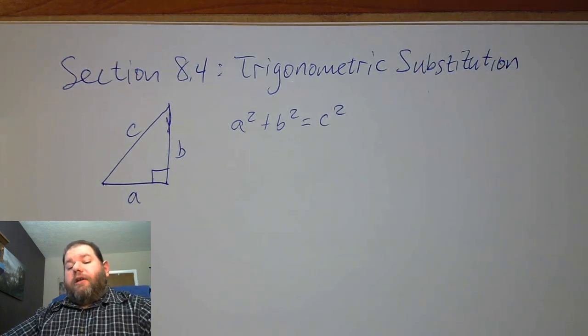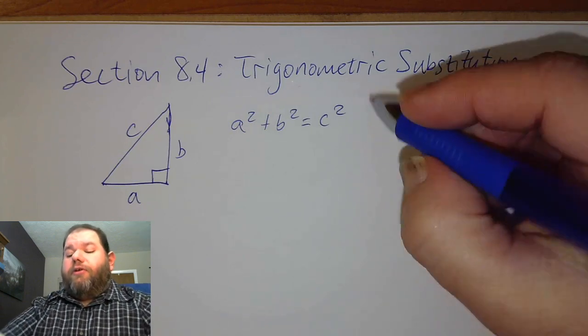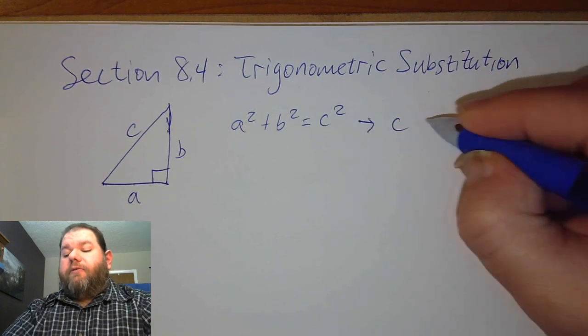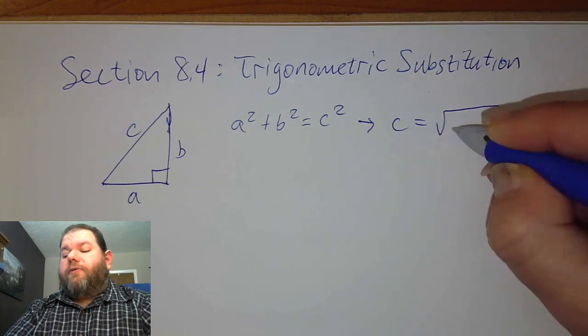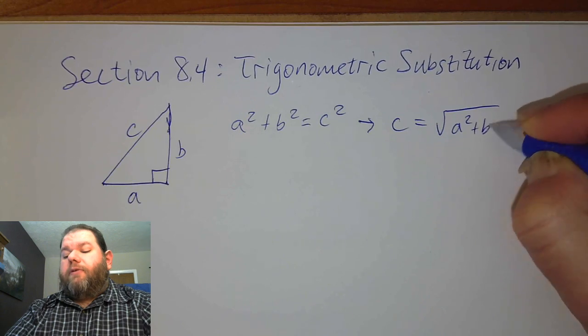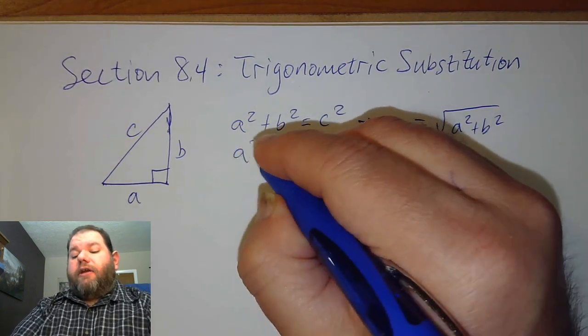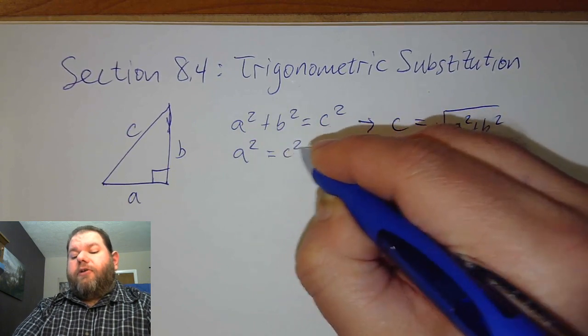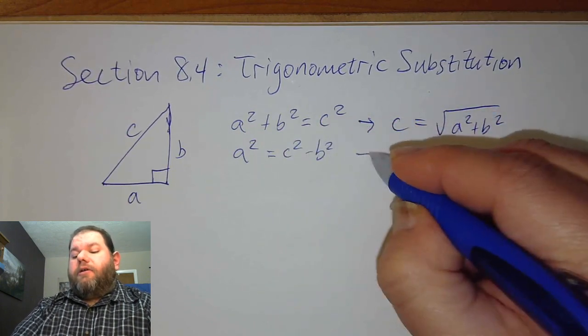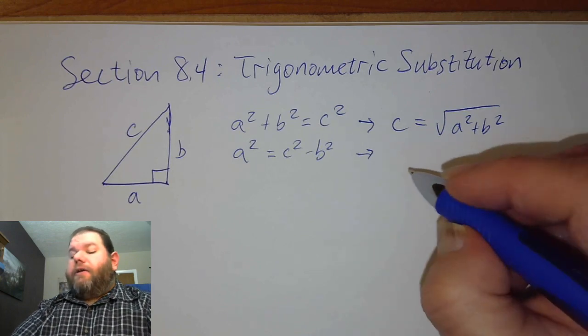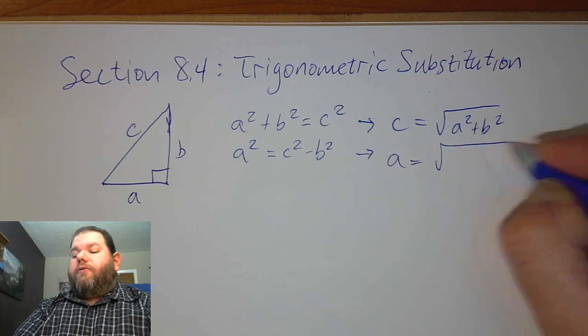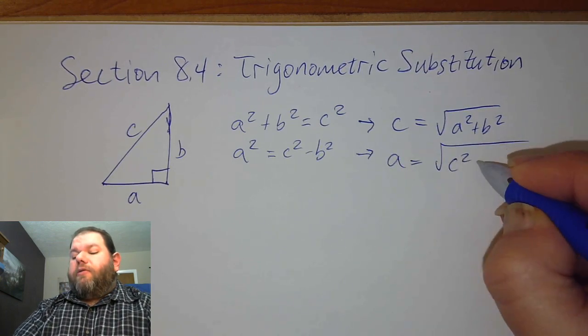But instead of looking at combinations, let's see what each one is equal to individually. Like, we know if A squared plus B squared equals C squared, then C is basically the square root of A squared plus B squared. If we change this around and say that A squared equals C squared minus B squared, we can say A is the square root of C squared minus B squared.